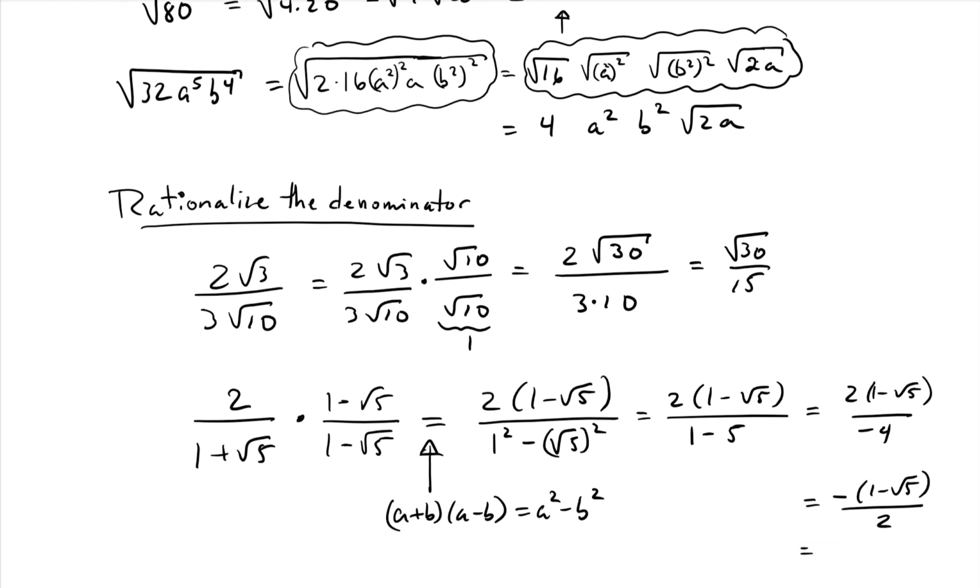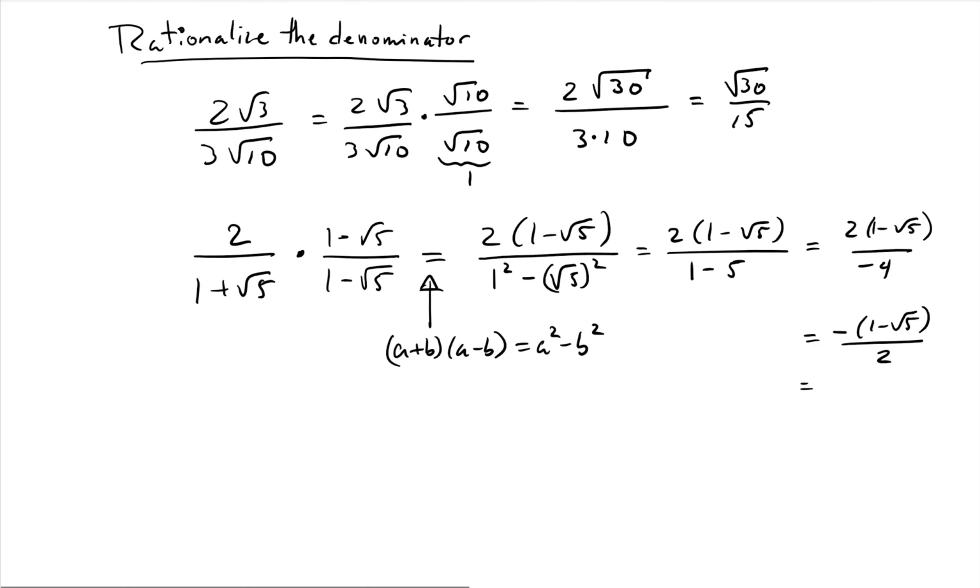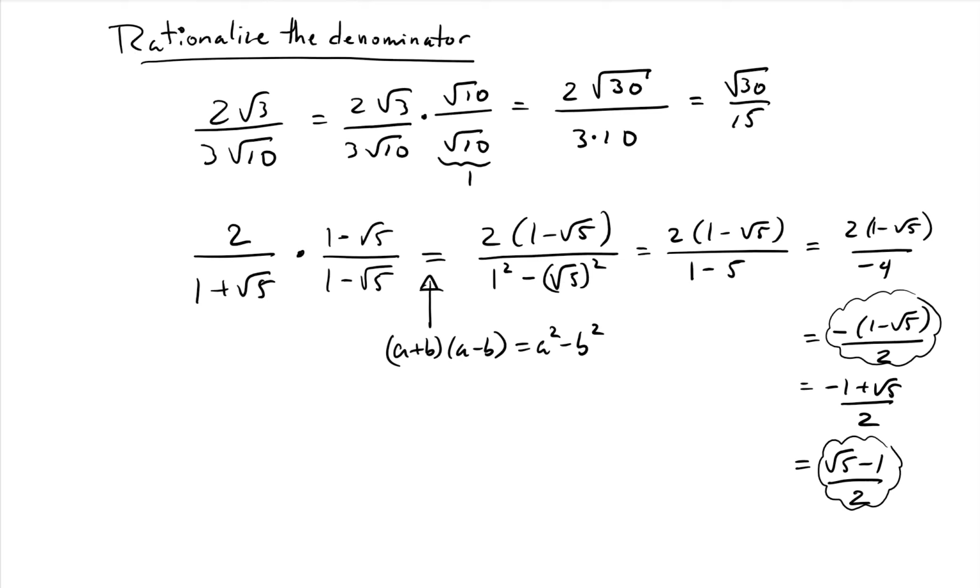I can distribute the minus sign, and if I do this, I get this, and then change the order of the addition to make it look nicer. So this is just to make things look nicer. But in terms of rationalizing my denominator, this accomplishes the task; this just makes it look a bit nicer.